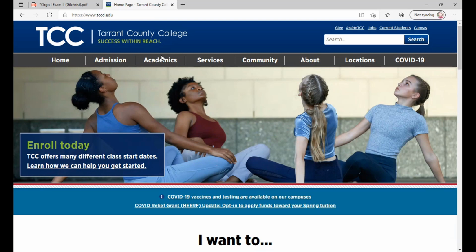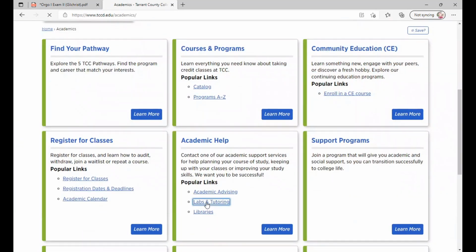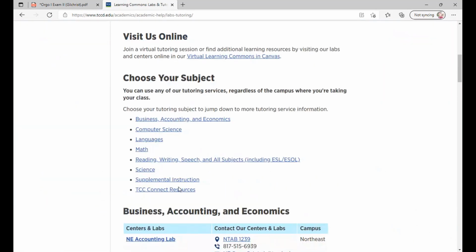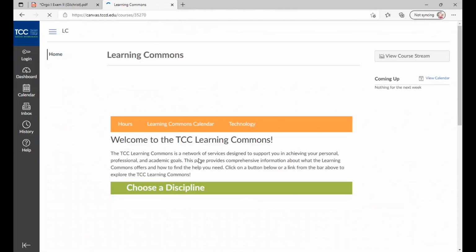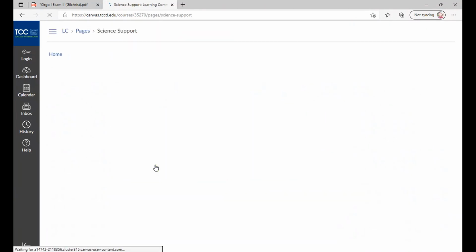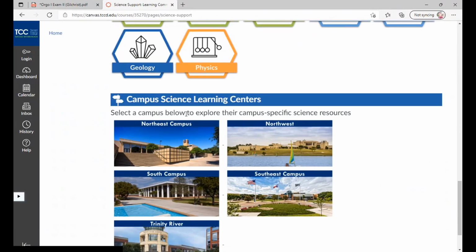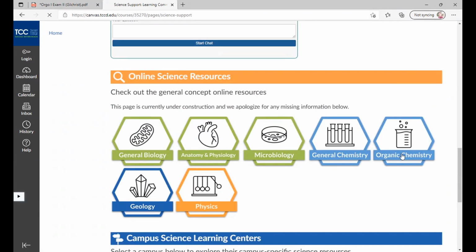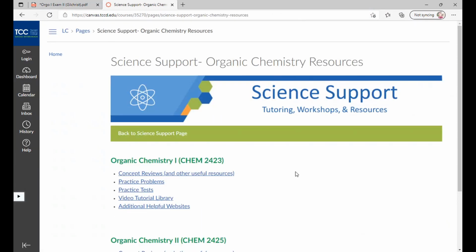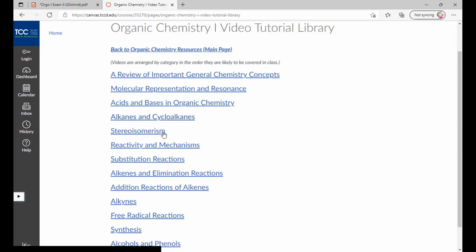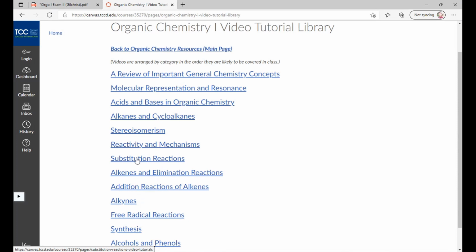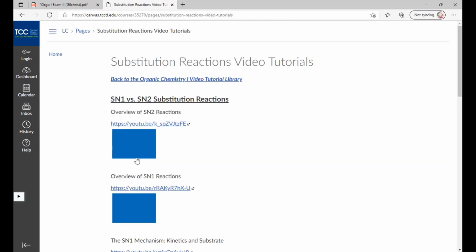I go to www.tcd.edu, academics, and science support. If you go down to organic chemistry, under the video tutorial library, and you go down to substitution reactions, this will really help.